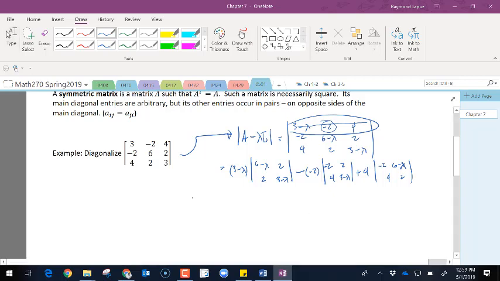All right, so now this is going to be a big cubic polynomial: 3 minus lambda times (6 minus lambda)(3 minus lambda) minus 4, plus 2 times negative 2 times (3 minus lambda) minus 8, plus 4 times negative 4 minus 4 times (6 minus lambda).